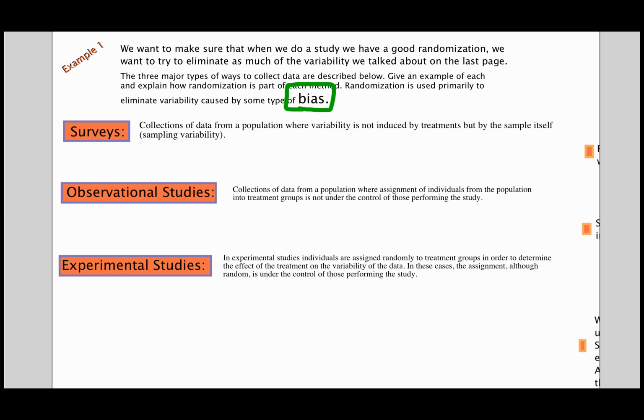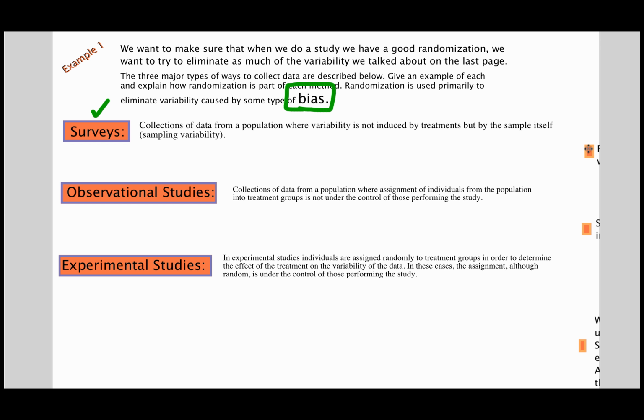All right. So for example, next year when you're in IB, you're going to have to do an IB assessment, an IA, I believe they call it. And if you go on to Ms. Shahovska's IB math studies, they have you do a statistical study. So some of you may say, we're going to put out a survey. We're going to collect data from the population where the variability is not induced by treatments, but by the sample itself.